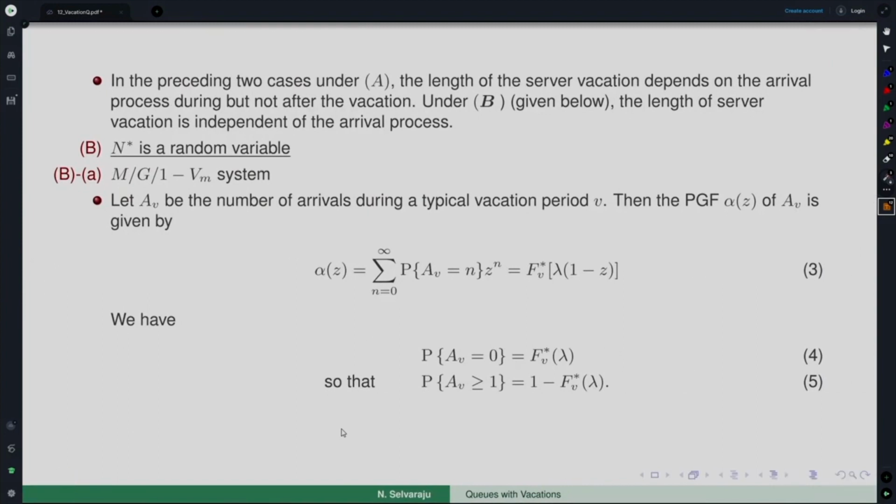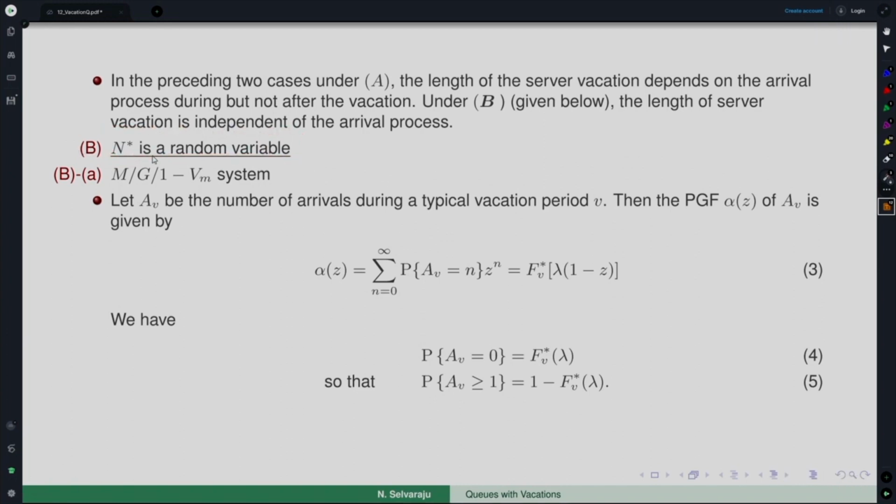In both these cases, the length of the server vacation depends on the arrival process during but not after the vacation. But under B, where we consider n star as a random variable, the length of the server vacation would now be independent of the arrival process. So, the second case that we consider is n star as a random variable.